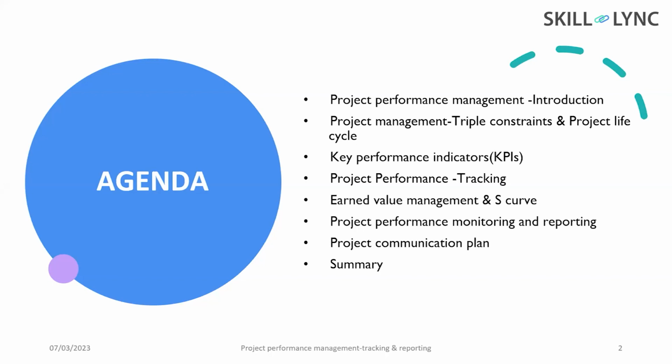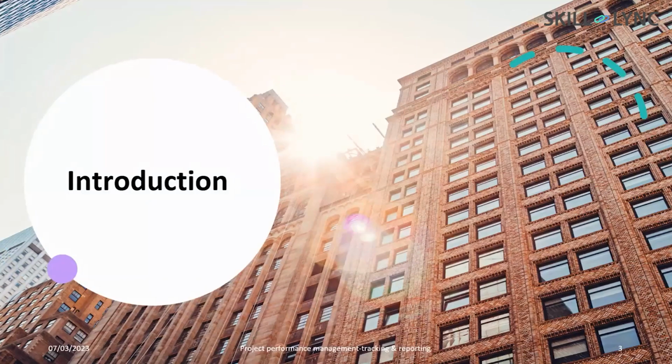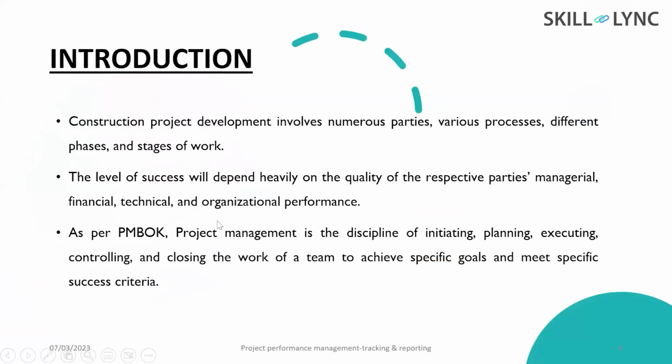Okay, so first thing, the introduction part. As we all know, the construction industry is a very high demanding industry, and construction project development involves numerous parties, various processes, and different phases and stages of work. And there will be a huge involvement of public and private parties as well. So what is the main purpose of all these processes in construction?